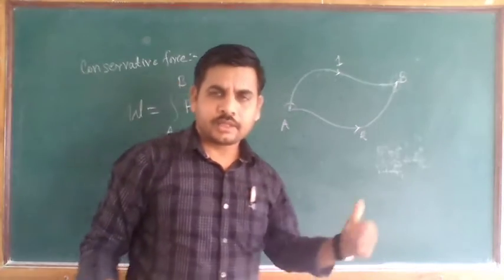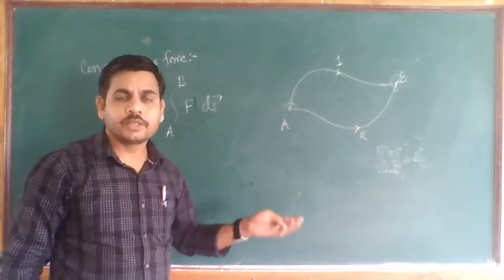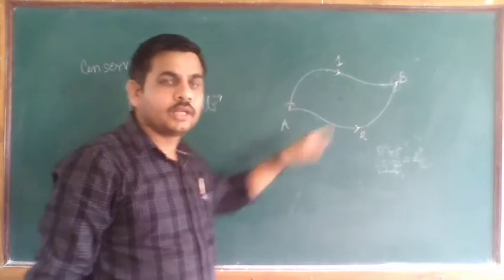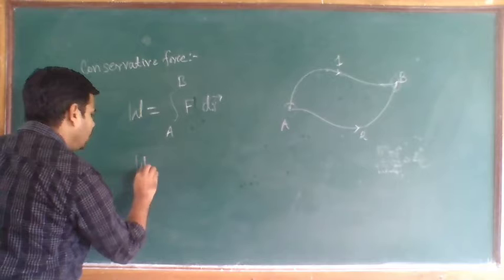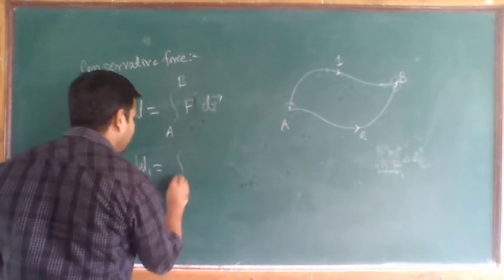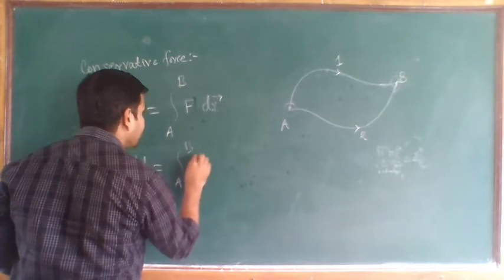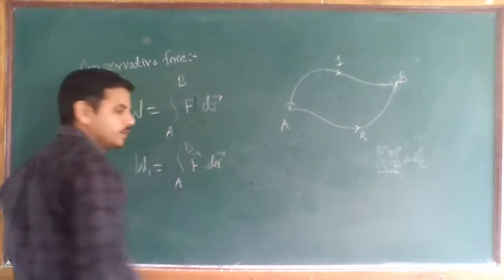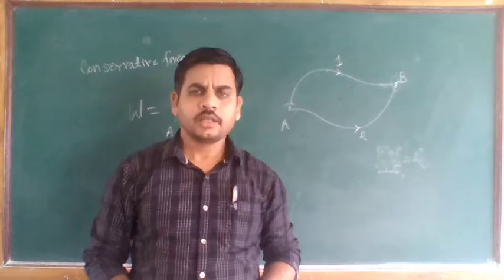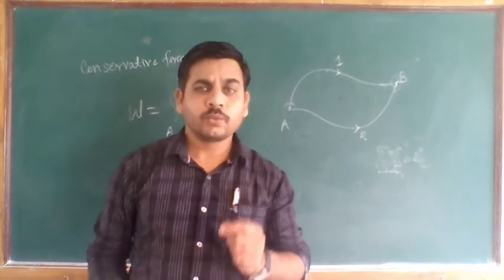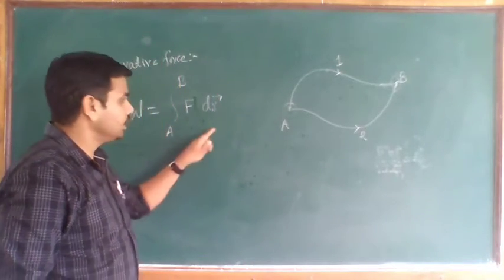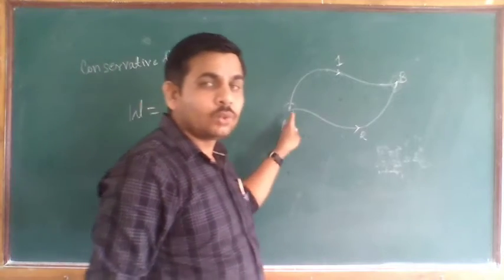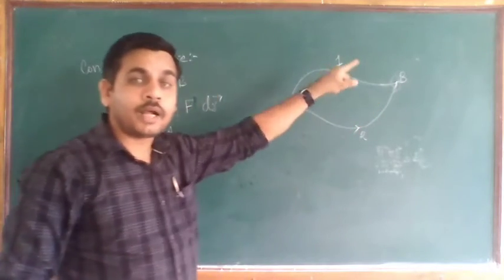Here the work done along the path 1 is nothing but W1, which is equal to integration from A to B of F dot dr. Just consider the work done in moving that particle from point A to point B along the path 1.